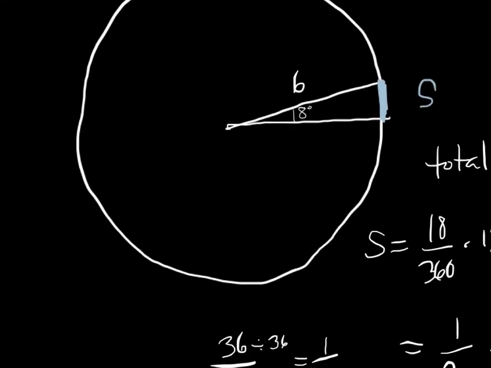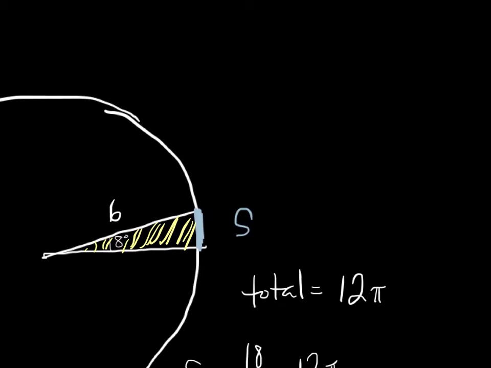What if I wanted to ask you, what is the area of this region? Well, what's the total area of the whole shape? Pi r squared, 36 pi in this case. 6 times 6.